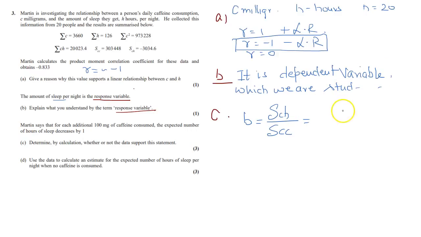So that one is -3034.6 divided by 303448. So that is equal to 0.01 hour per milligram.